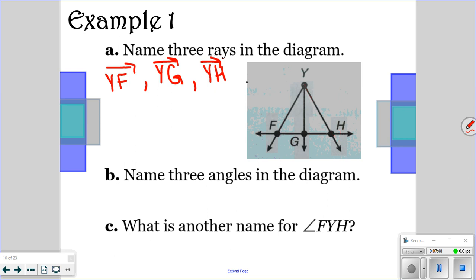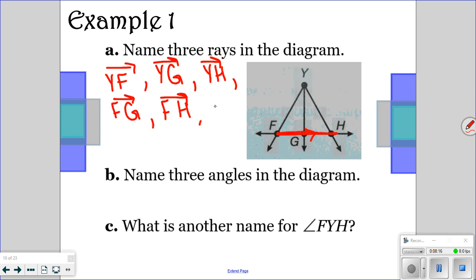You could also name FG. That could be a ray. Or you could name FH. That's the same ray as FG. It just keeps going, but FG keeps going, and so it would eventually hit H. And so you could name it that way.